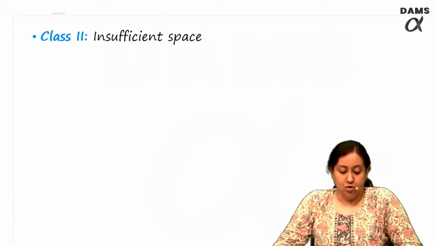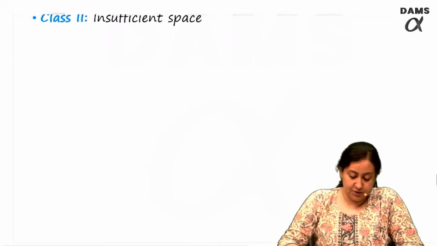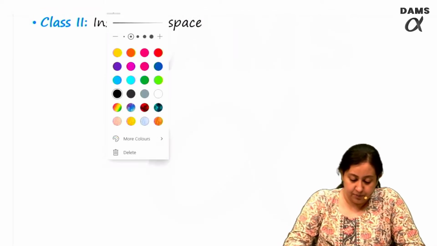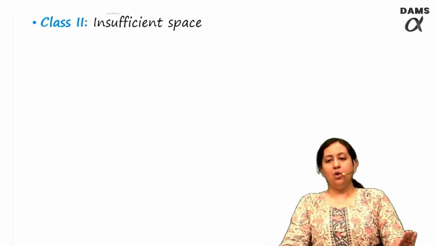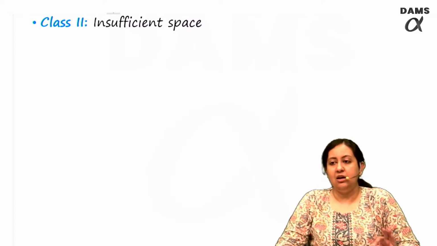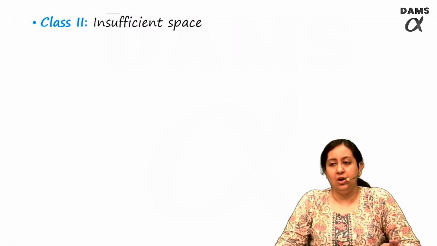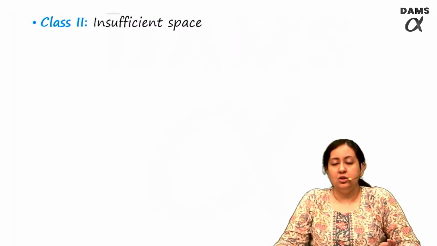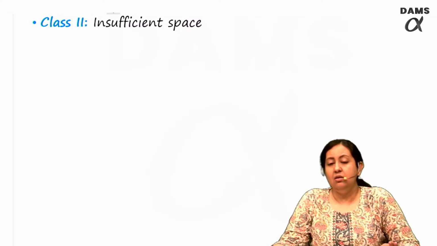Let's see class 2, when there is insufficient space. So students, just a tip for all of you: wherever you can remember things by diagrams, by pictographic memory, that means you have to spend less time in memorizing or mugging up things.